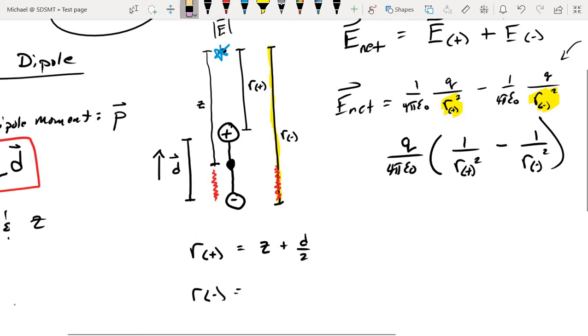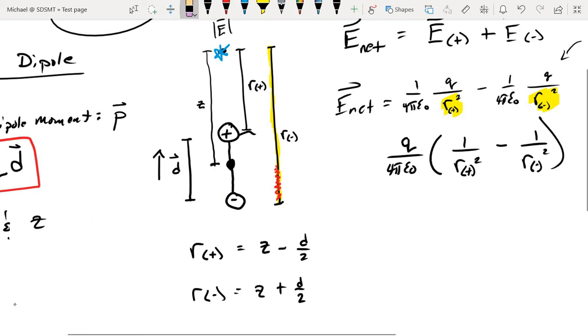And in one moment here, I've made a mistake that I just caught. When it comes to R positive, we have to come down the full length of Z, and then we have to backtrack half of D. So apologies there. This needs to be a minus sign. And then this is the plus sign. All right.